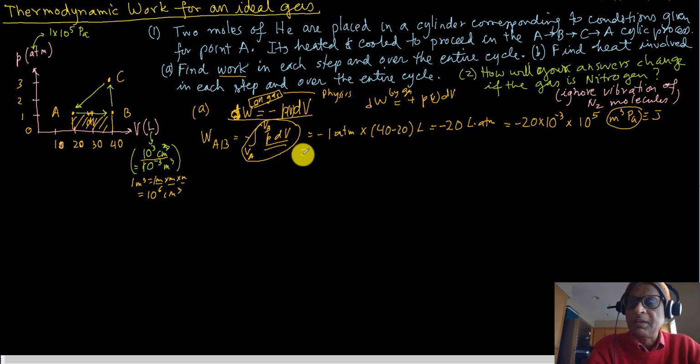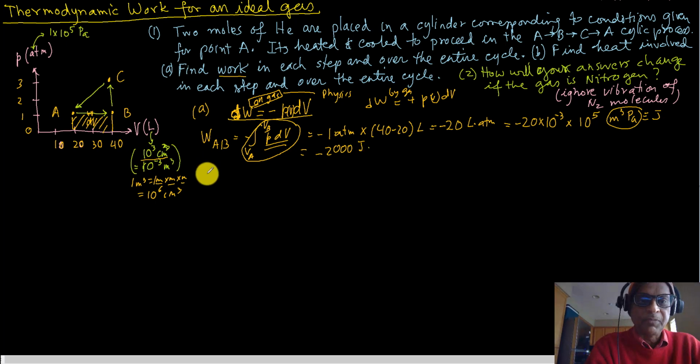So 5 minus 2 is 3, and we get minus 2000 joules for A to B.